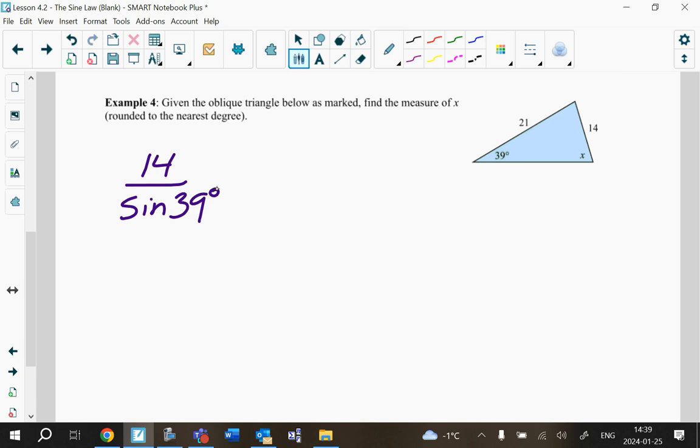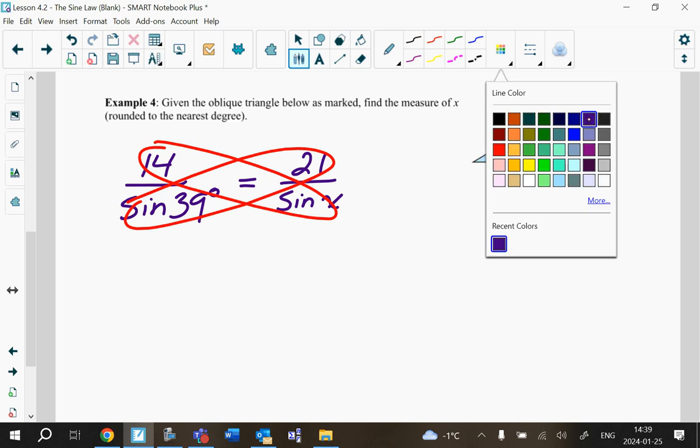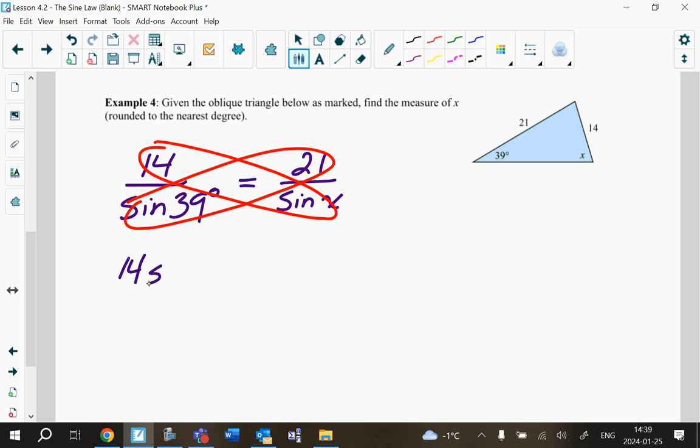And the other one I'm going to use, 21 over sine x. They equal each other. I still cross multiply to get rid of the fractions on each side. And I get 14 times the sine of x is equal to 21 times the sine of 39 degrees.